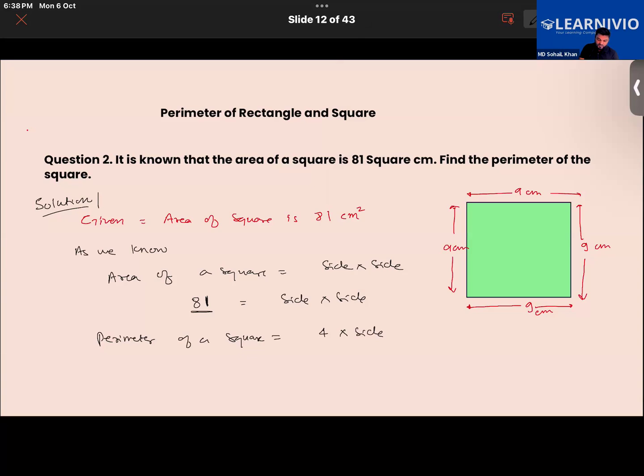Moments ago you calculated that the side is 9 centimeter. Hence the perimeter is 4 into 9 centimeter, and that is 36 centimeter. Is that clear to both of you? Yes, I understood it now.